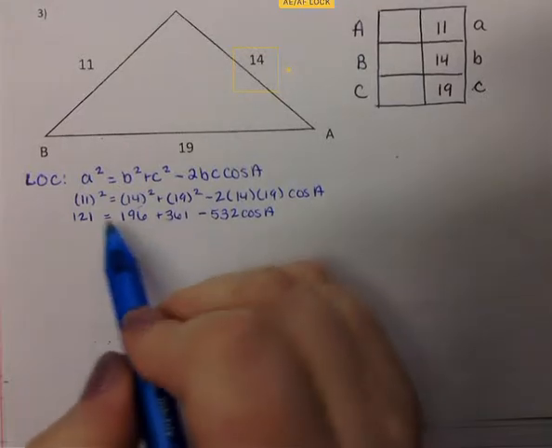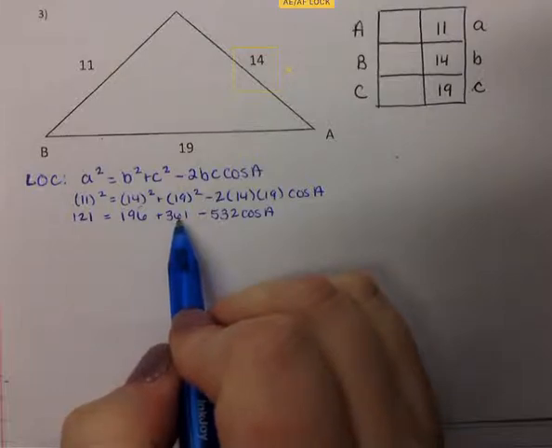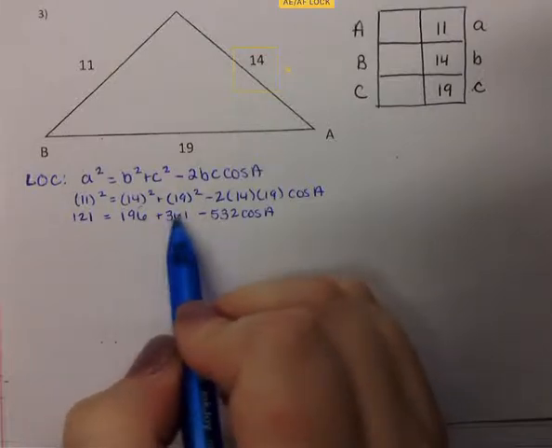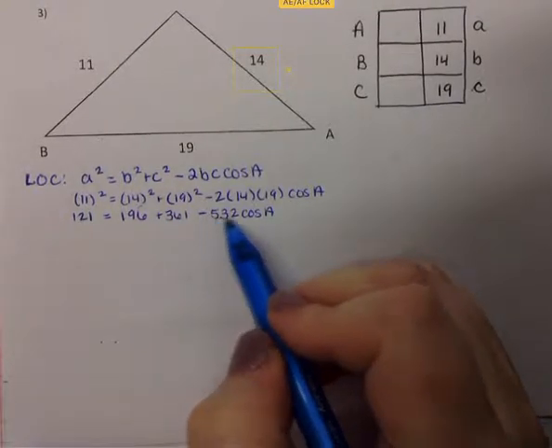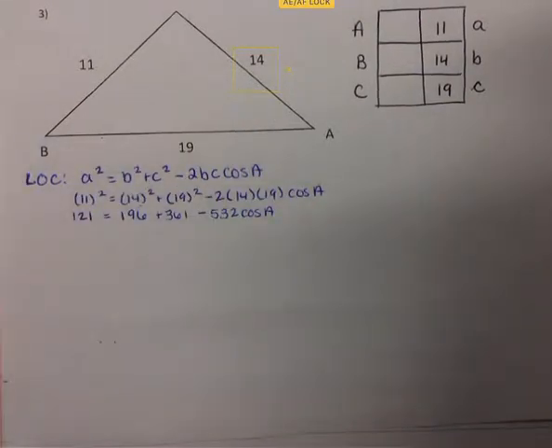So we have 121 on the left, 196 plus 361. We can add those because there's no multiplication attached to it, but we cannot subtract 532. So 196 plus 361 is 557.